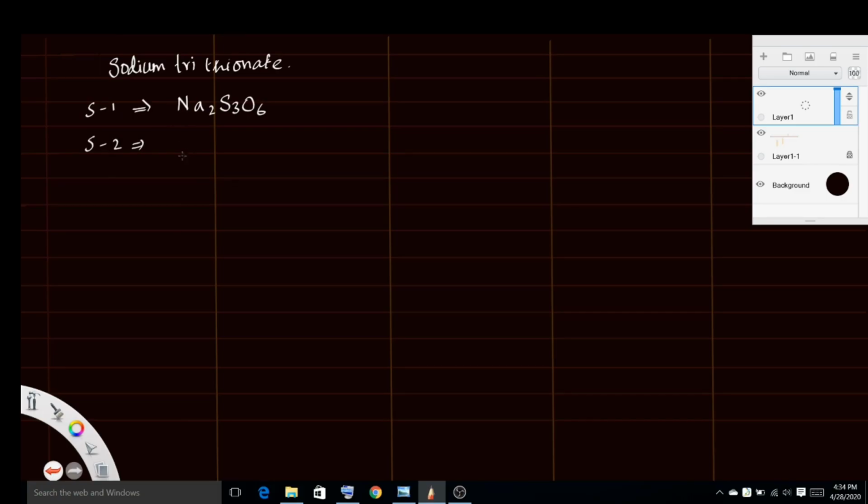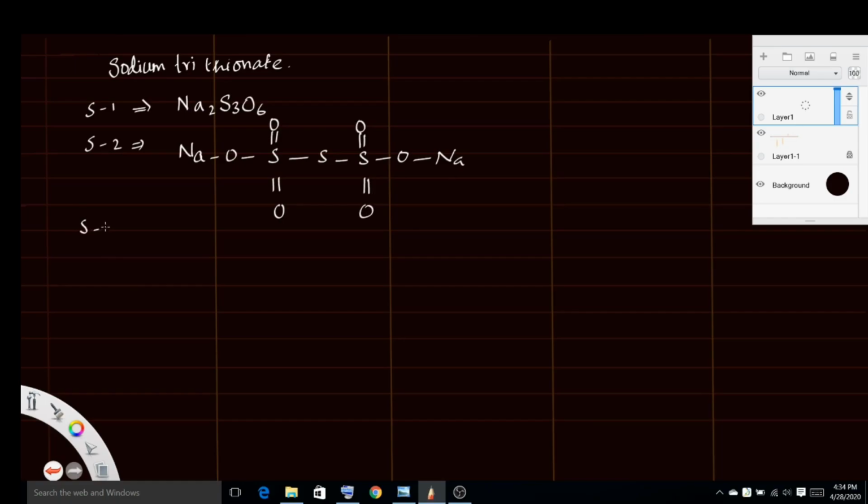The correct structure of sodium trithionate is Na single bond O, single bond S, single bond S, single bond S, single bond O, single bond Na. And the first sulfur and last sulfur have two double bonded oxygens in sodium trithionate.